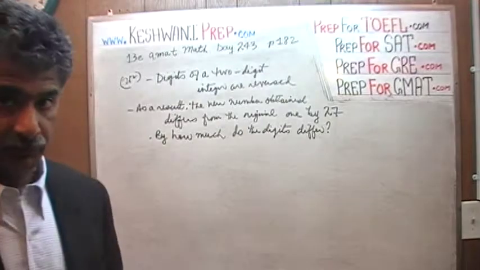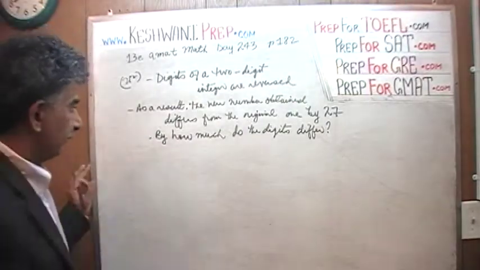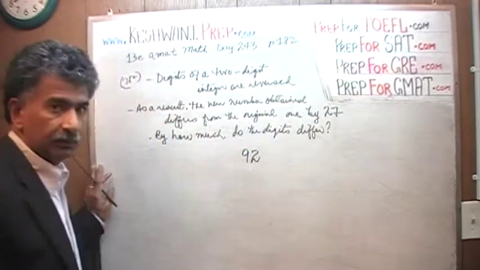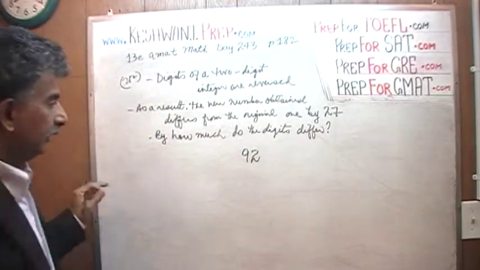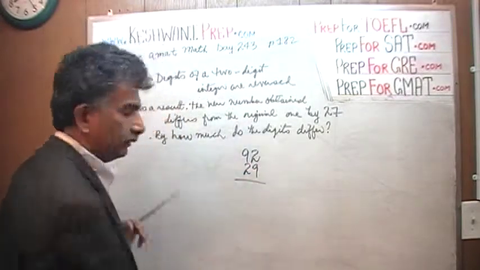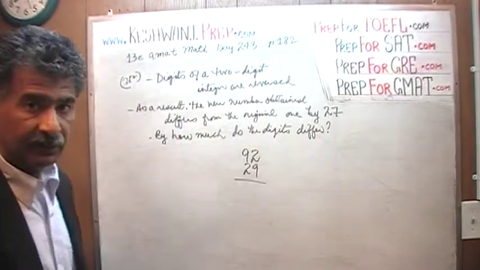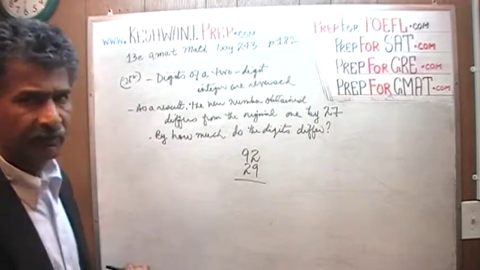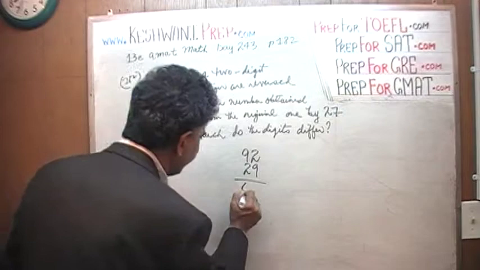Let's first understand the question, shall we? For example, if we have 92, that's a two-digit integer. If you reverse the digits, 92 becomes 29. The difference is 63.